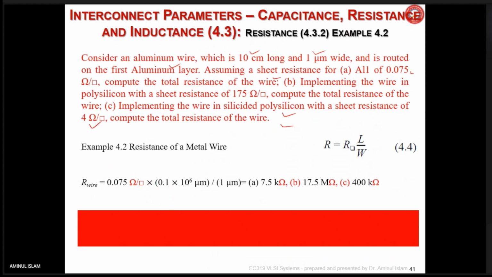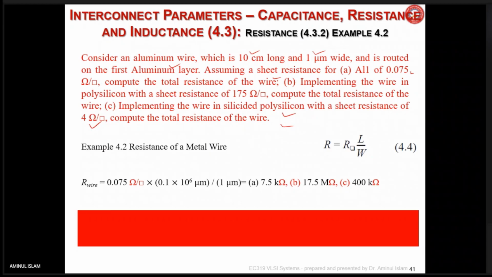Now consider an aluminum wire which is 10 nanometer thick, 10 centimeter long and 1 micrometer wide, and is routed on the first aluminum layer, L1. Assuming a sheet resistance of L1 of 0.075 ohm per square, compute the total resistance of the wire.